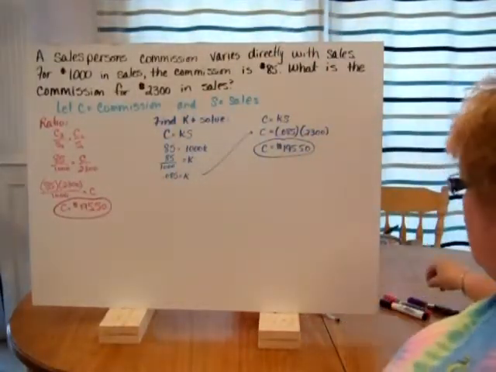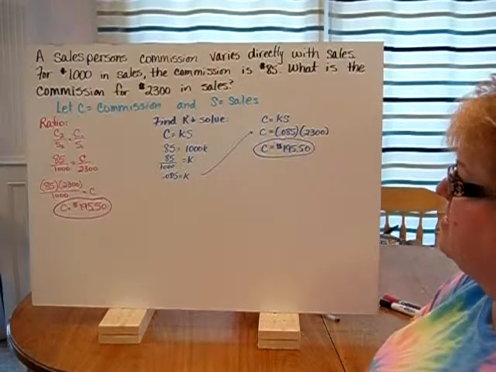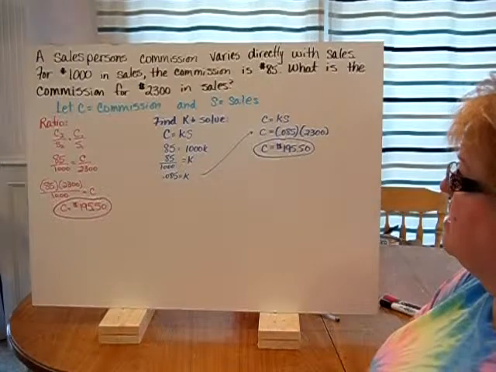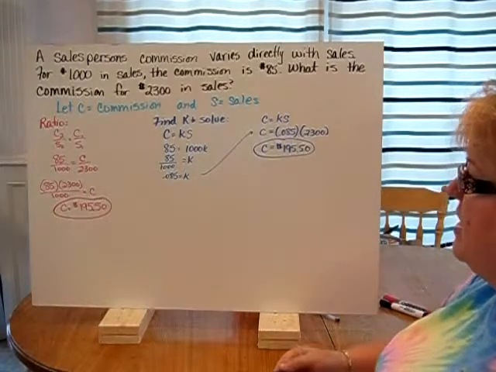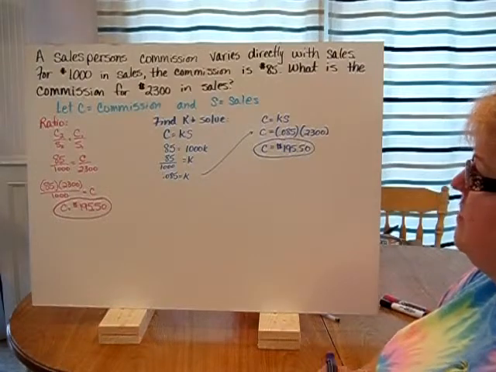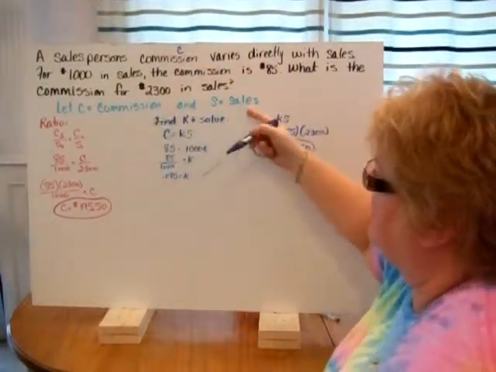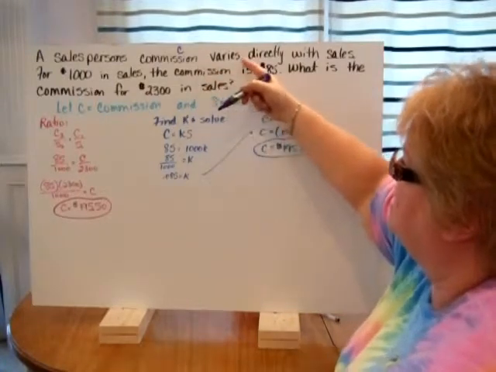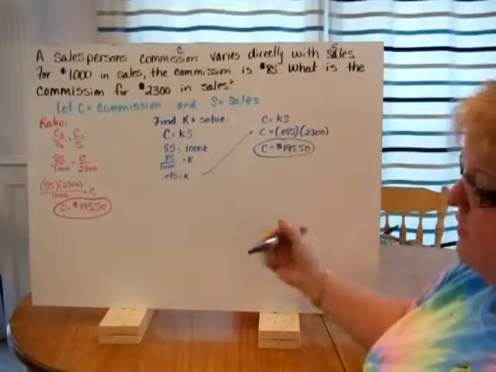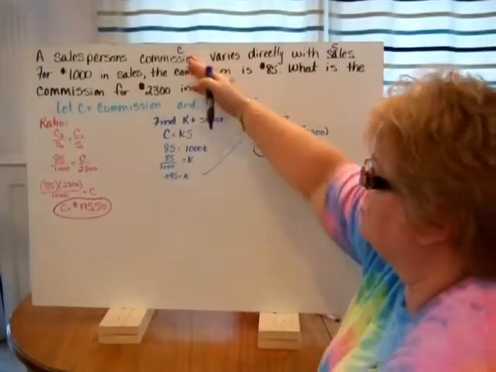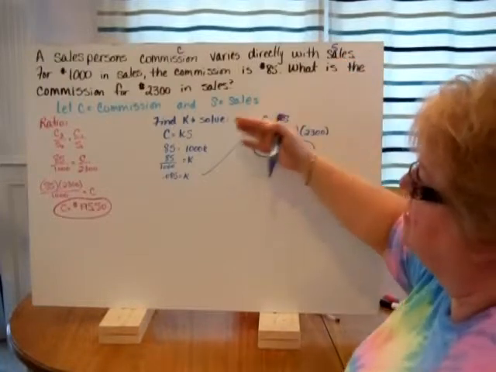Let's look at this word problem. A salesperson's commission varies directly with sales. For $1,000 in sales, the commission is $85. What is the commission for $2,300 in sales? Well, we want C to be commission and S to be sales. Commission varies directly with sales. So if you recall in the problems we just worked, this would be like y varies directly with x.